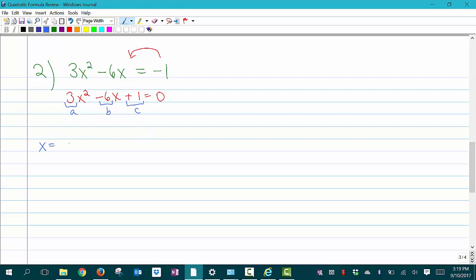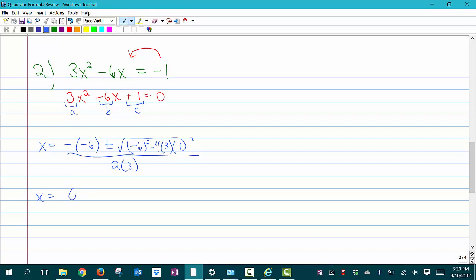So we get x is equal to negative b, and b is a negative 6, plus or minus the square root of b squared, minus 4 times a times c, all of this divided by 2 times a. We want to write this in the simplified form.